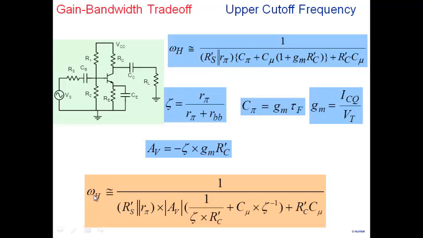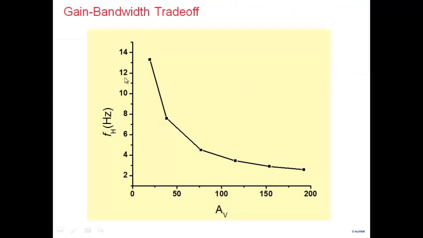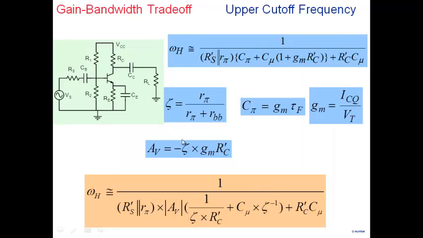All right, so that's the other trade-off. So for example, in this case, we kept the RC constant here, and for a particular design, we varied the gain, and you can see how the upper cutoff frequency changes as you try and increase the gain here. So that's another important trade-off, which is the upper cutoff frequency versus the gain that you see here.